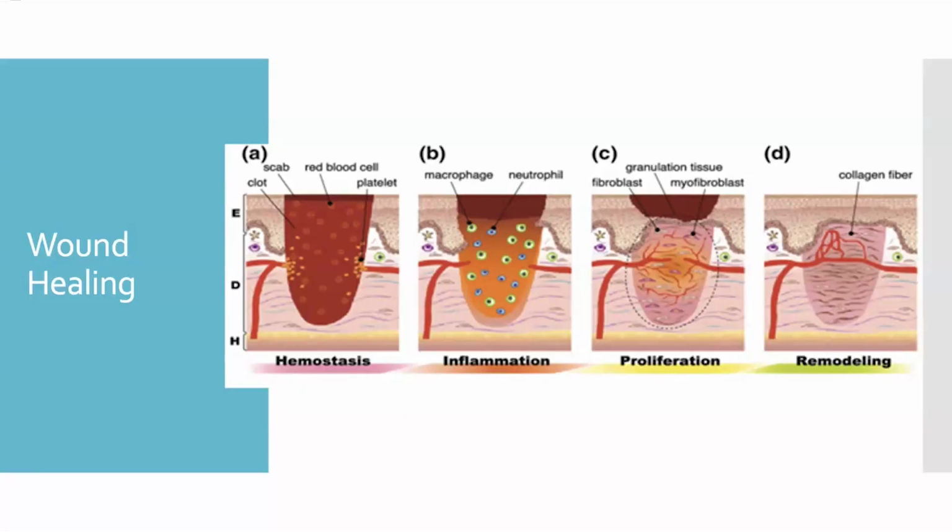And when these neutrophils are done doing their business, the macrophage comes along and eats up the neutrophils. They're originally pro-inflammatory, but as the phase goes on, they become pro-healing macrophages. And they start to release growth factors that attract other healing cells that stimulate this proliferative phase that comes next.